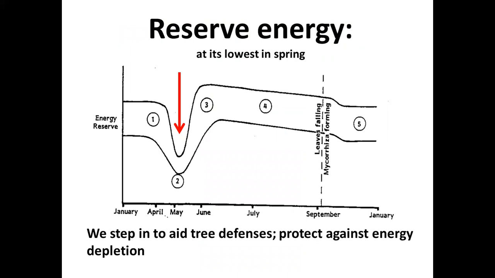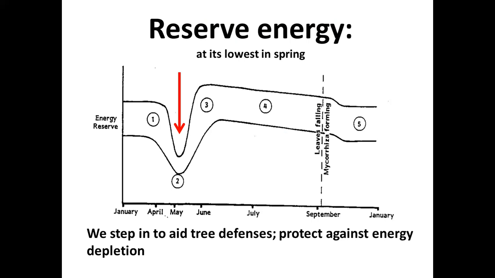Because here's an interesting thing, you see this downward blip in this chart. What this graph represents is the energy reserves that are stored in a tree as it moves throughout the time of the season. And as I was saying, we step in to aid the tree defense, and we're protecting it against energy depletion during this downward blip.